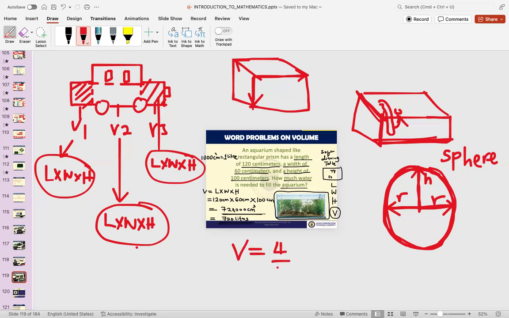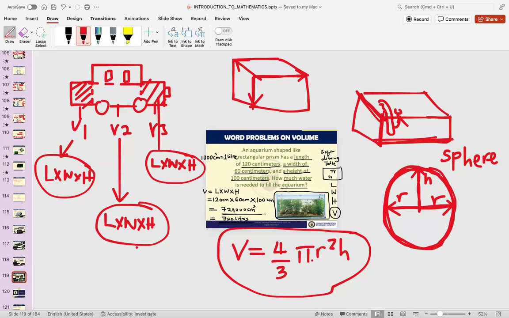It is 4/3 pi r squared h. This is the volume of a sphere, where you are still seeing the three dimensions. R squared means that R is in two directions. H means that H is also following its direction.